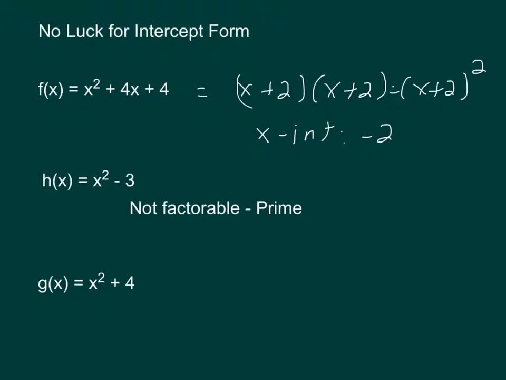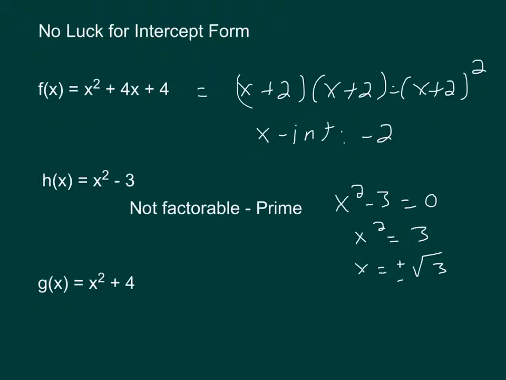I could, just by setting x squared minus 3 equal to 0, adding 3 to each side, and realizing that x would therefore be either the positive square root of 3 or the negative square root of 3. We'll look more at that in the future. But I could get answers for that. I could find the intercepts. It wouldn't be through intercept form. So intercept form wouldn't be helpful there.